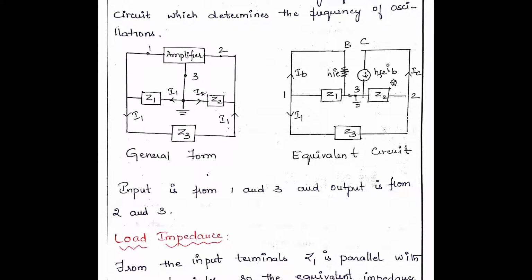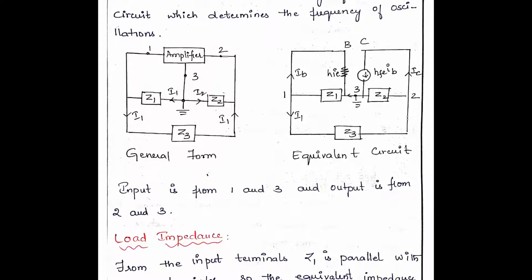Now, this minus hfe IB is coming here, and it is dividing in Z2 and Z3. But we already called the entire impedance as ZL. So Z2 in parallel with Z3 and Z dash, meaning all these four together, we already named it as ZL.